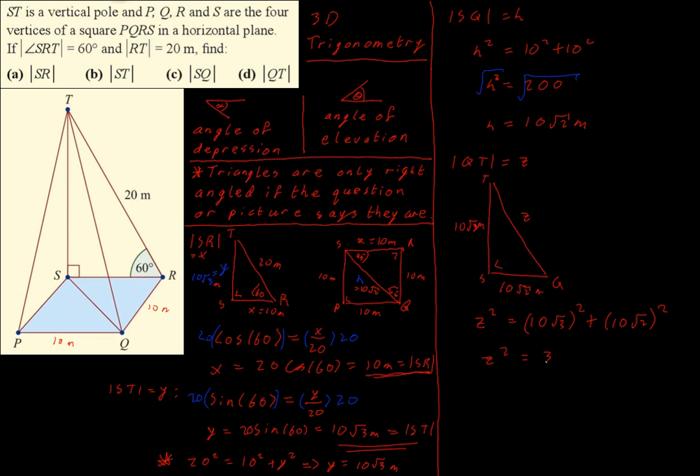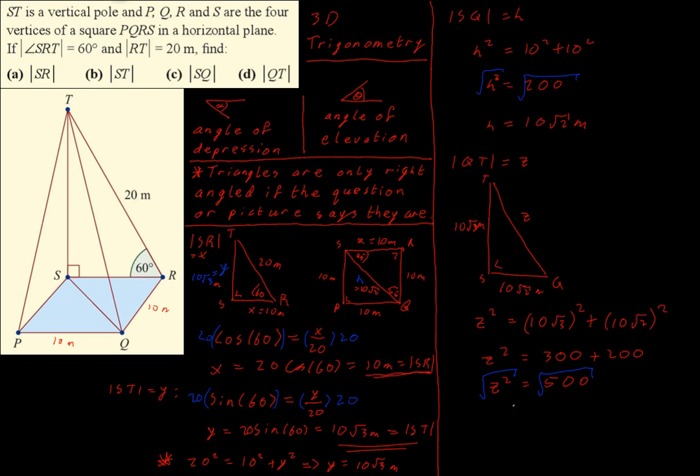Z squared is equal to 300 plus 200. Z squared is equal to 500. I take the square root, and again, I don't need to worry about plus or minus because Z is a length, so I don't need to worry about negative lengths.